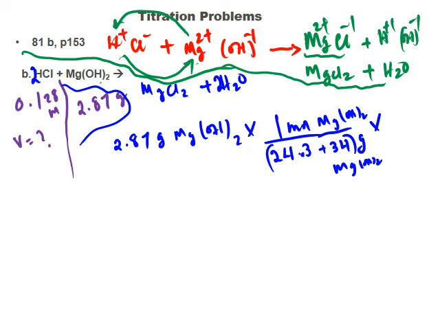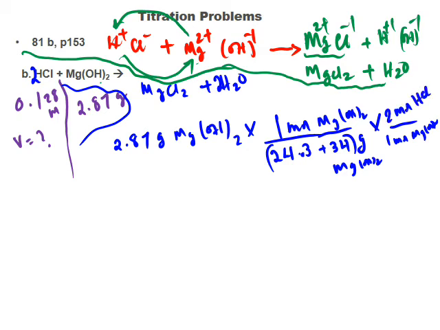You can see here that I would have 1 mole Mg(OH)2 on the bottom and 2 moles HCl on the top.